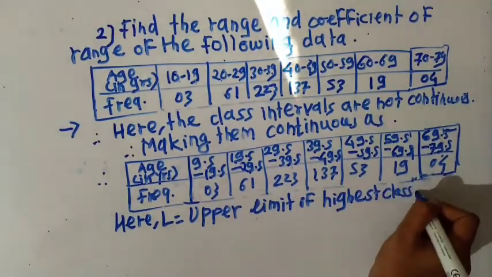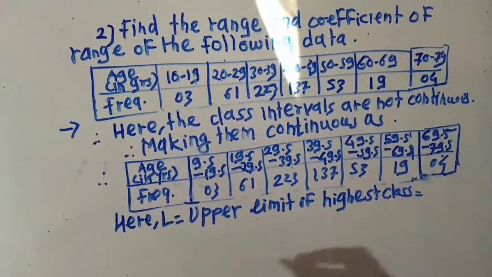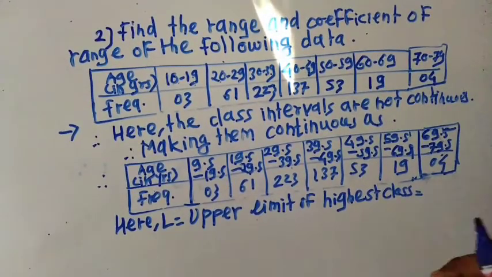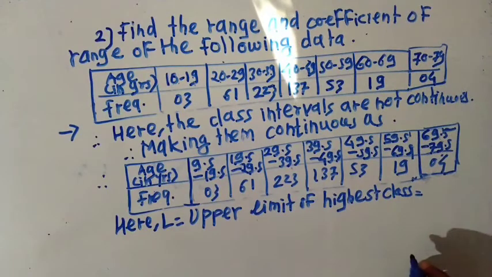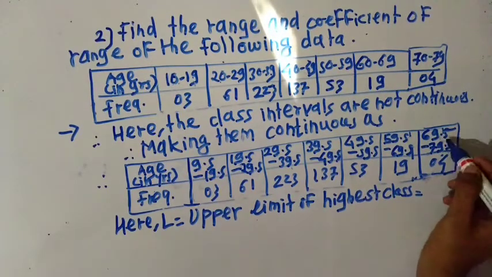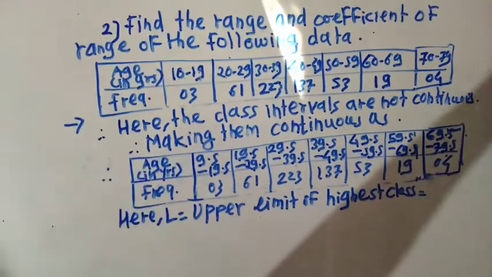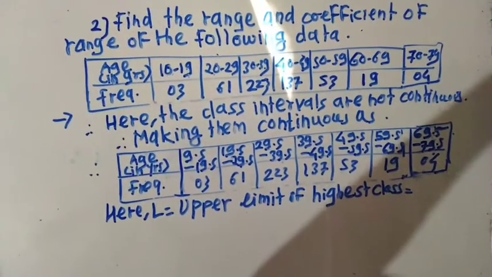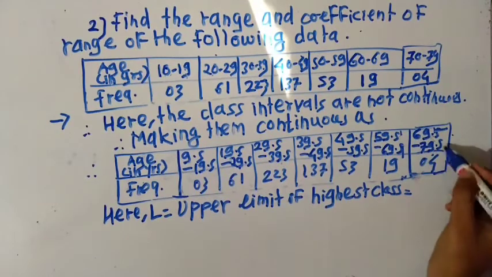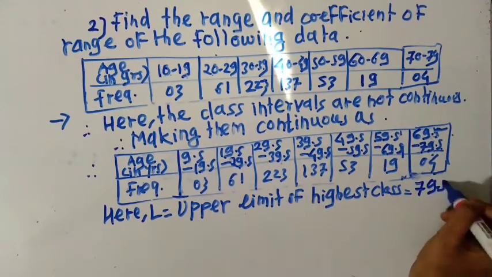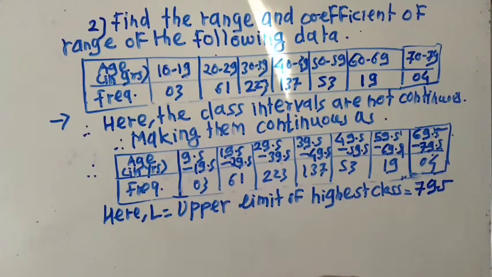Here the highest class is 69.5 to 79.5. So the upper limit of the highest class is 79.5.